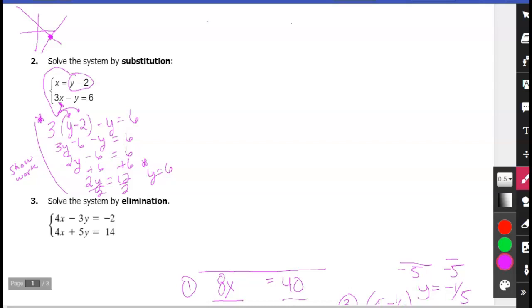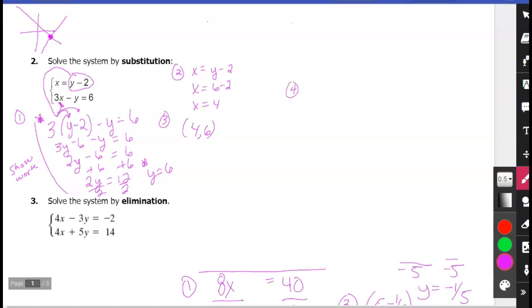So now that I know that y equals 6, that was my first step. My second step, I'm going to plug it in, and I have x equals y minus 2. So x equals 6 minus 2. X equals 4. So I get 4 comma 6 as my answer.